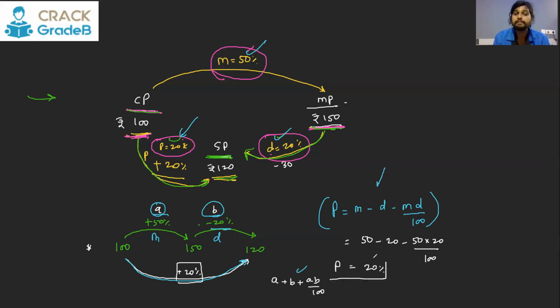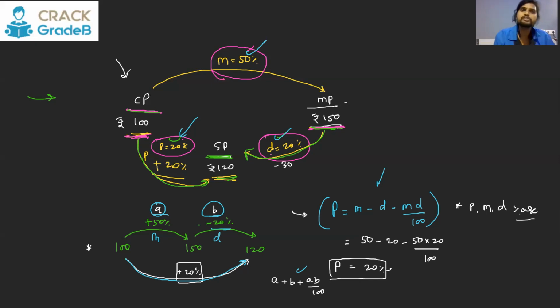So resultantly, the profit is going to become 20%. So this formula also can be used, but the problem with the formula is all the figures should be given in terms of percentage. So P, M, D, everything should be given in terms of percentage. Then only the formula can be used. Otherwise, the formula is of no use for you. Basics only will be useful then. Okay.